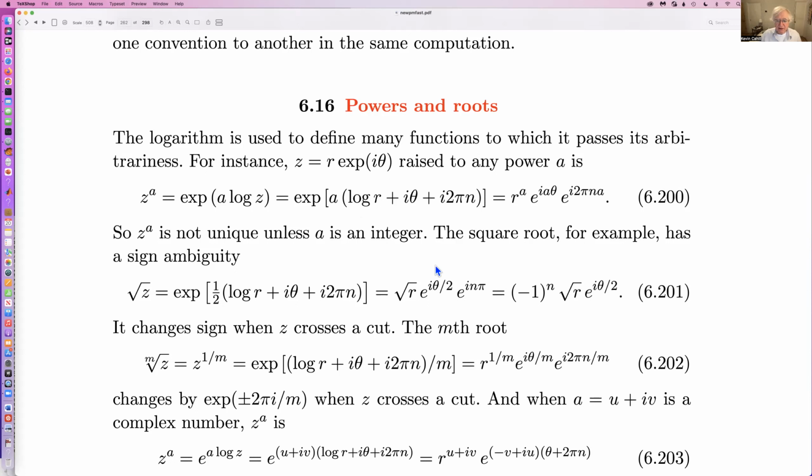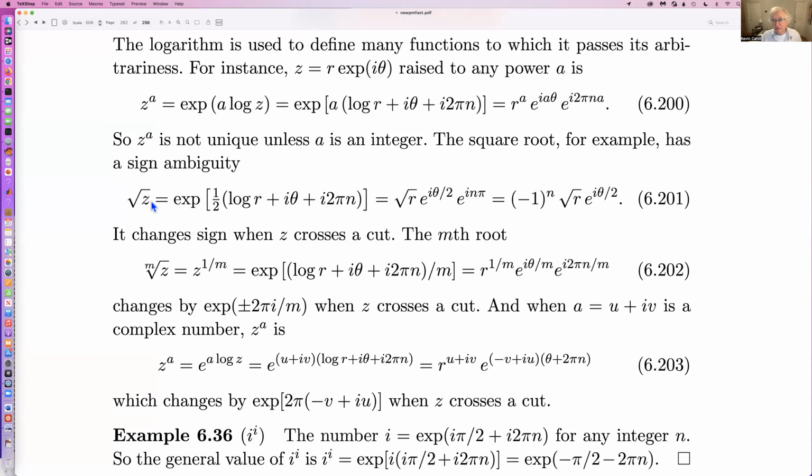On the other hand, if a is not an integer, then this thing gives you a phase factor, and it's convention dependent. So, for example, square root of z. So a is 1/2. And we have log of r plus I theta plus I 2 pi n. So that's square root of r being positive, e to the I theta over 2, and then e to the I 2 pi n, but divided by 2.